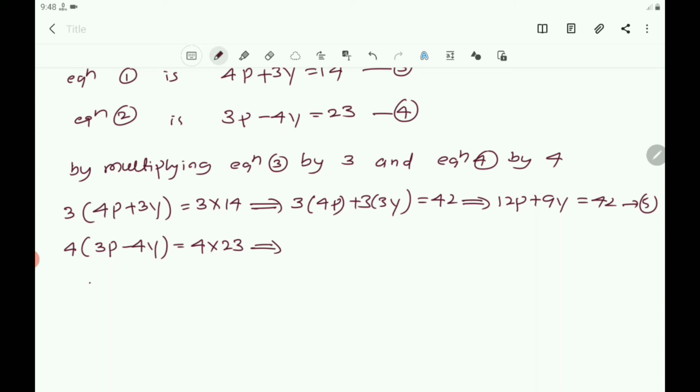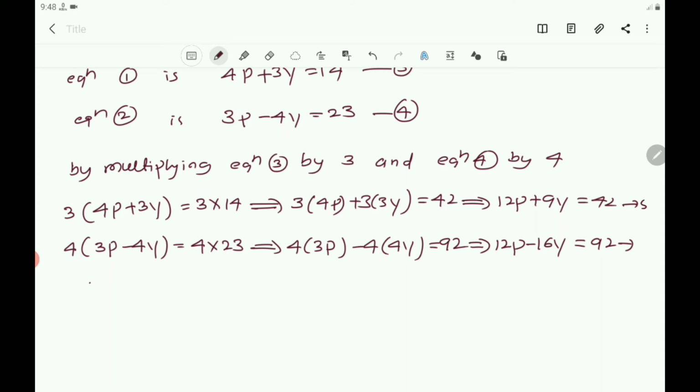That implies, multiplying each term by 4, 4 into 3p minus 4 into 4y is equal to 23 4s are 92. That implies 12p minus 16y is equal to 92. Consider this as the fifth equation and this as the sixth equation.